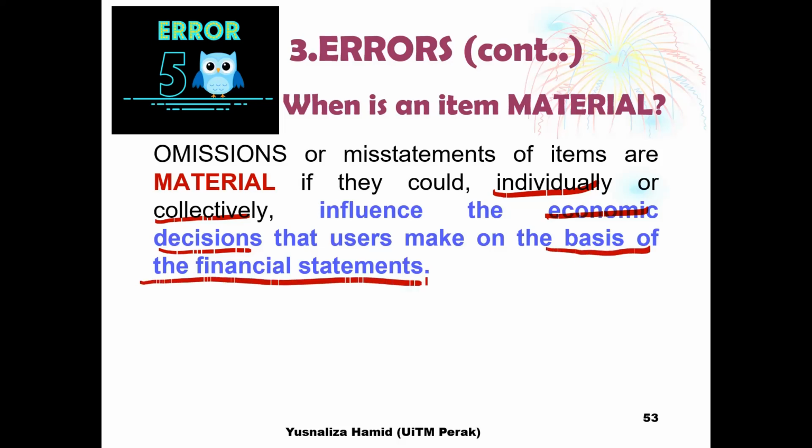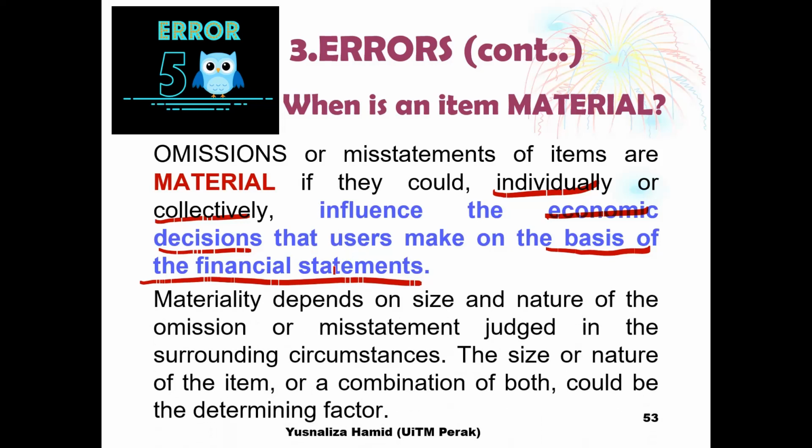The decision was made on the basis of the information furnished in the financial statements, but there is some information which is not there, and that is material if it would affect the economic decision of those users.